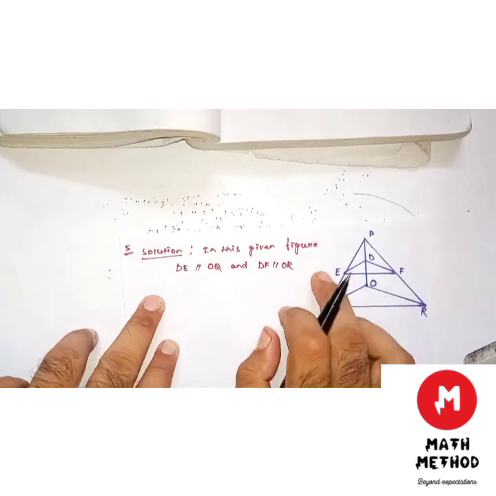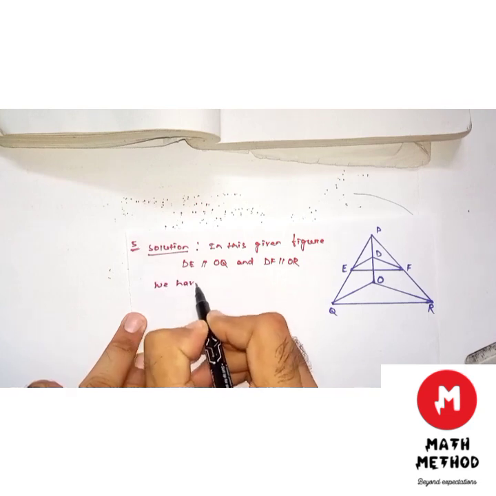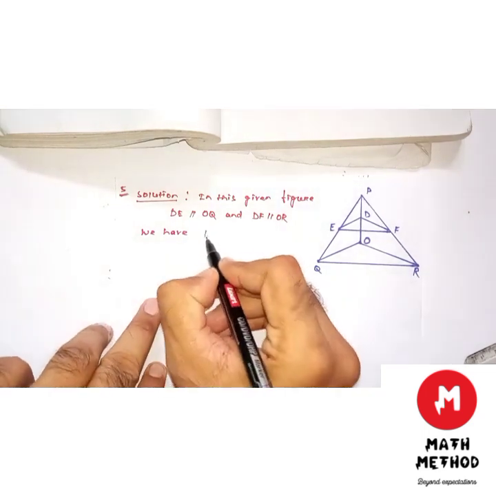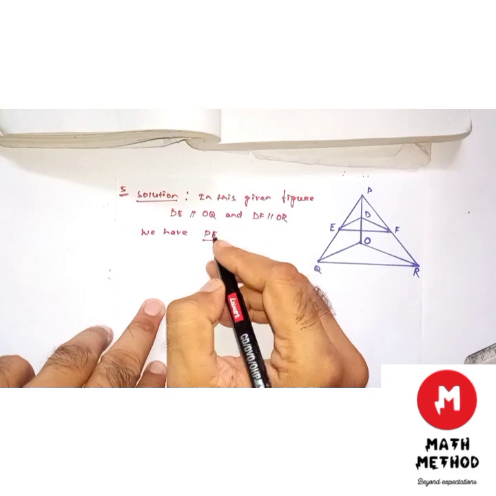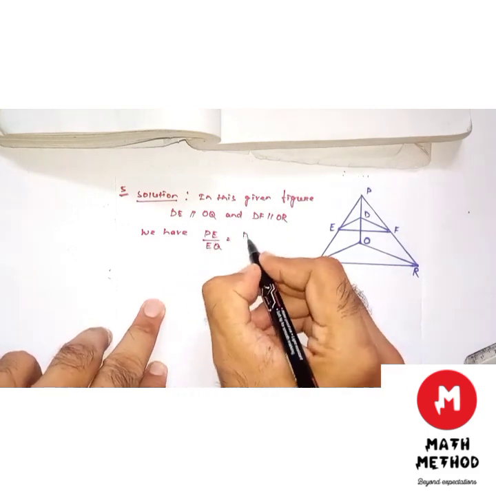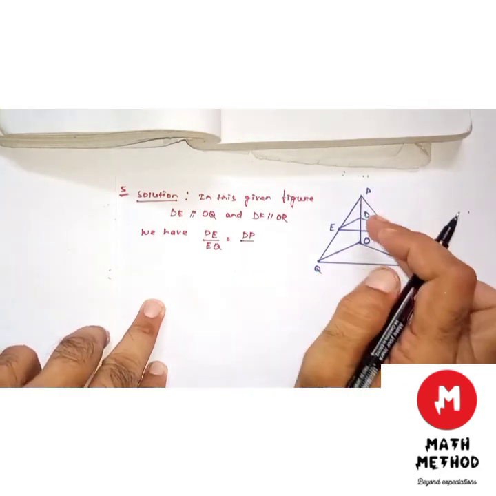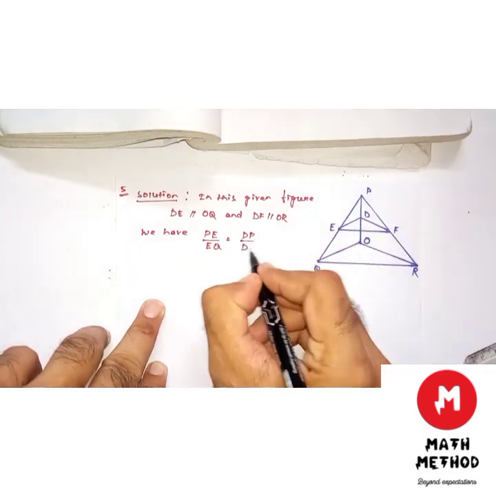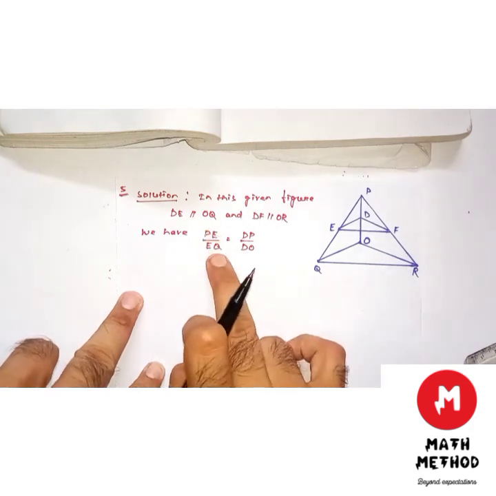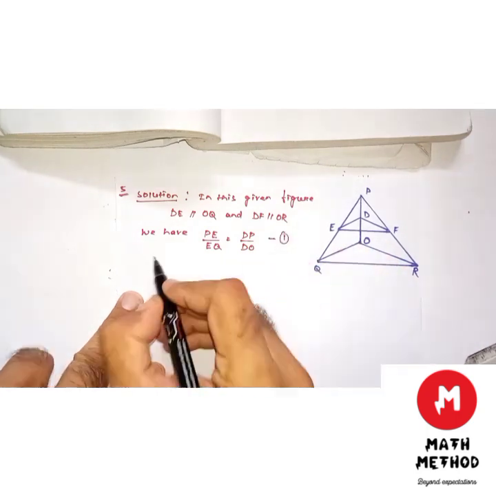This is our given. Now we have PE upon EQ is equal to PD upon DO. This is from, if DE is parallel with OQ, then PE upon EQ is equal to DP upon DO. That is our 1.